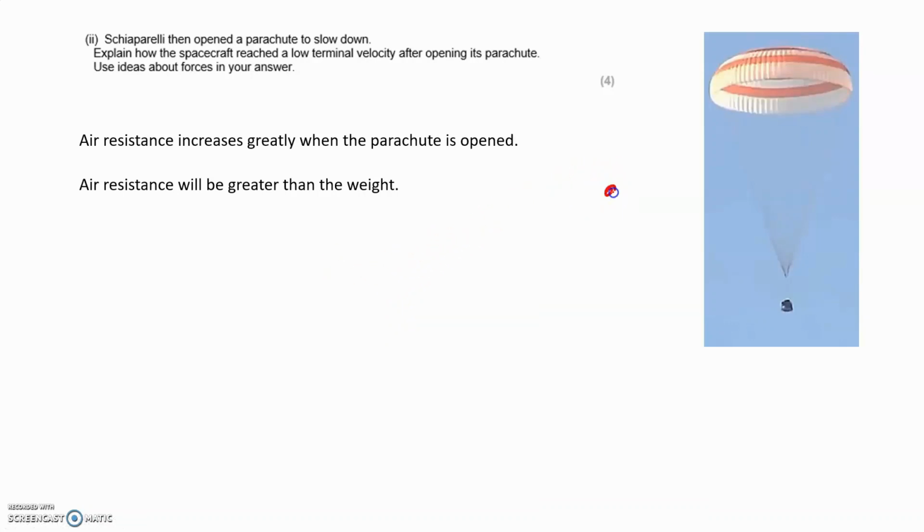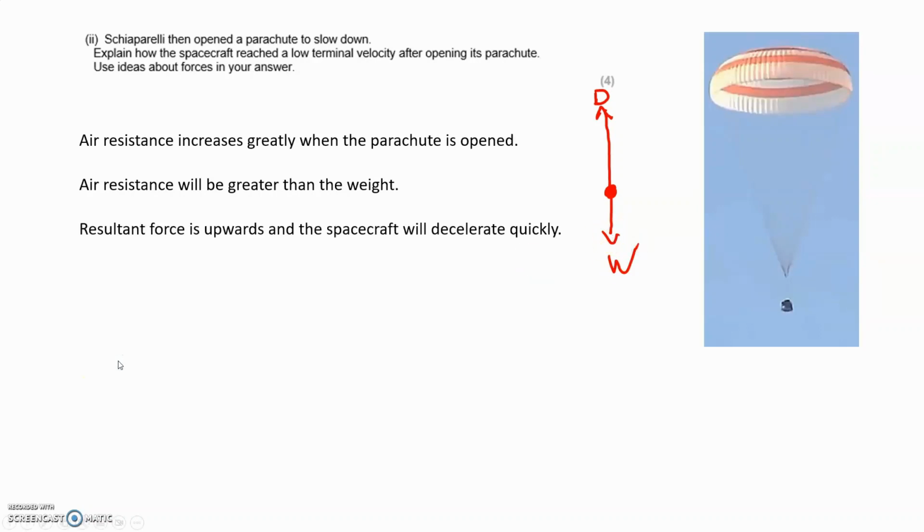So if we draw that as a free body diagram, there's a dot to model our space probe. The air resistance, or the drag, is much greater than the weight. And so now what we could say is that we have a resultant force acting upwards, and the spacecraft will decelerate quickly, so its speed will quite rapidly decrease because the resultant force is acting upwards.